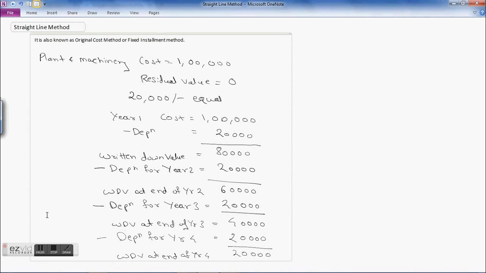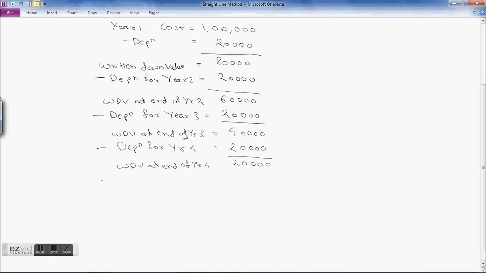Depreciation for year 5 is 20,000. Now WDV at the end of year 5 is nil. Since its residual value was nil, WDV at the end of year 5 has become nil.